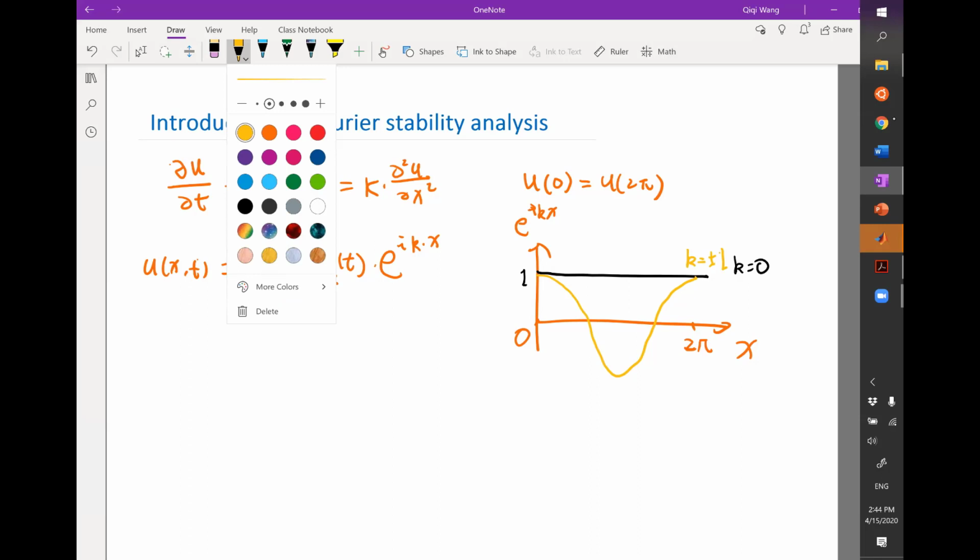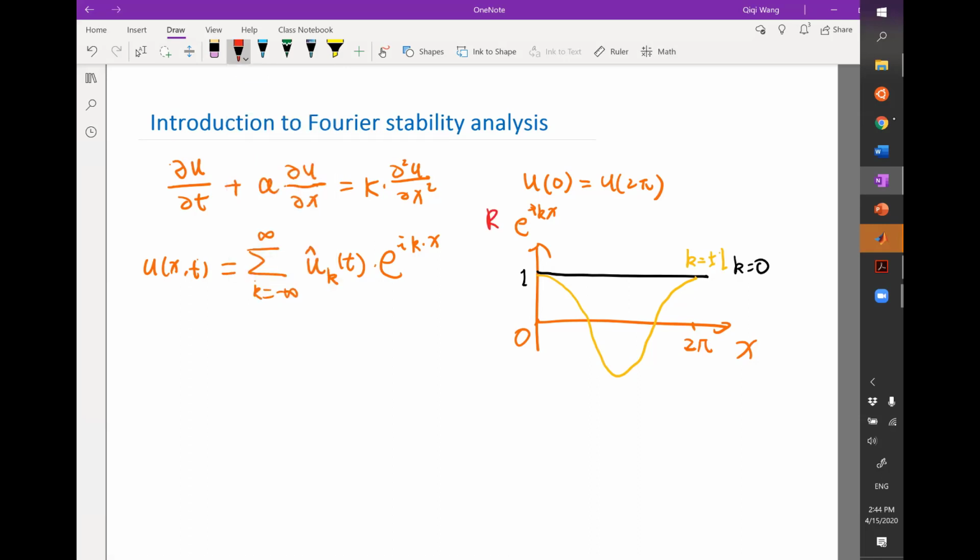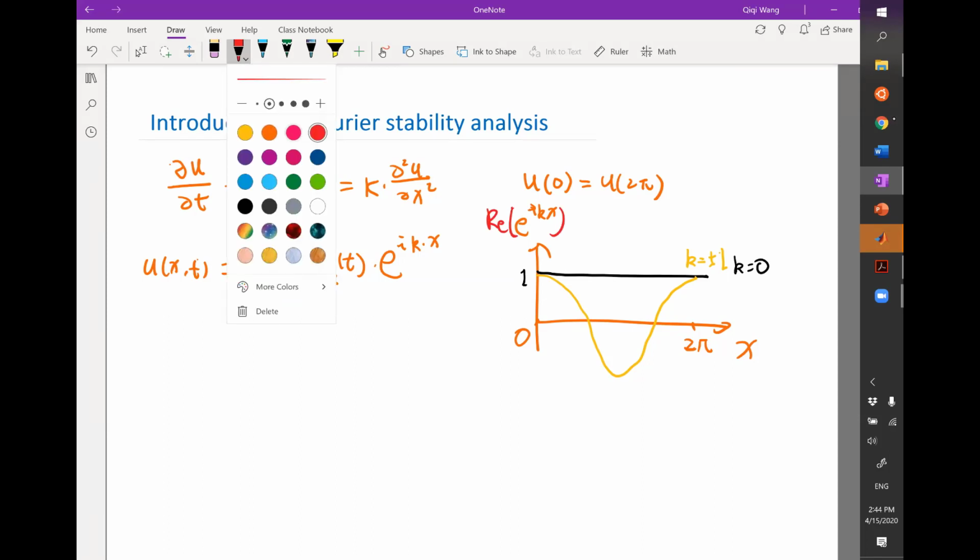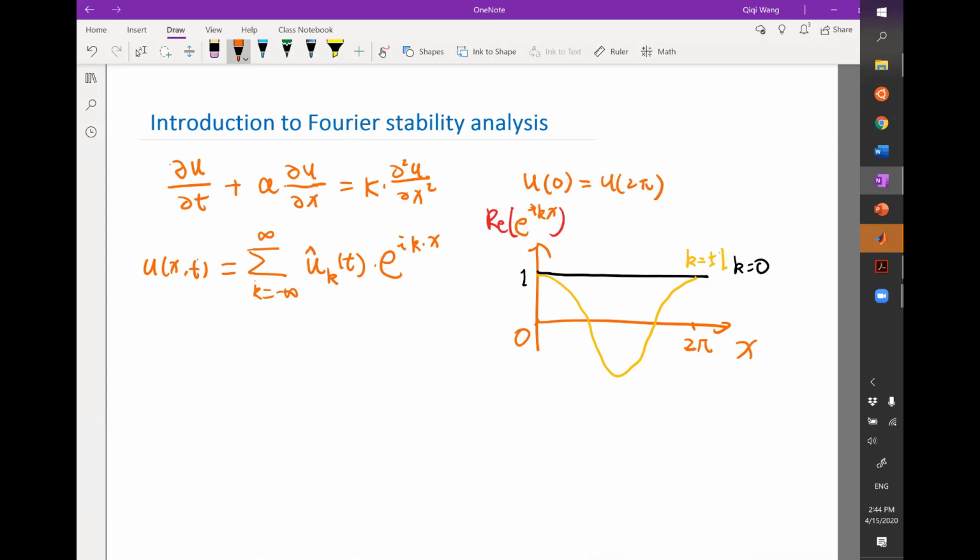When k is equal to plus or minus 2, we have a higher frequency. This is the period for e to the i2x, so I have one period over here and another period over here. That is k equal to plus or minus 2.